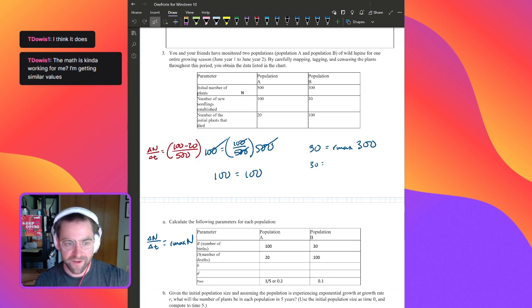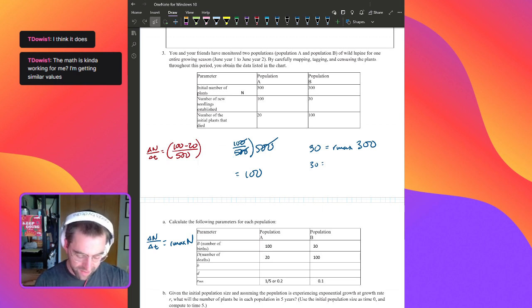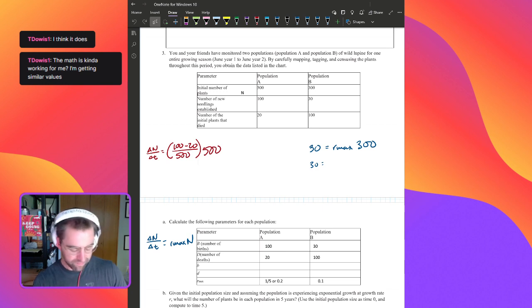I still think that's right, because we had 500 individuals in the first place. I think this is right. Times 500N.